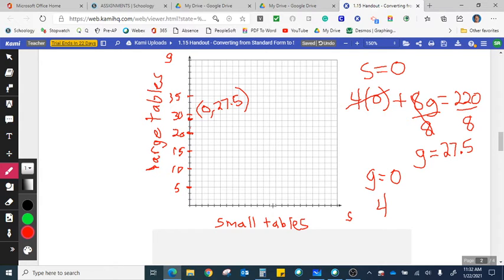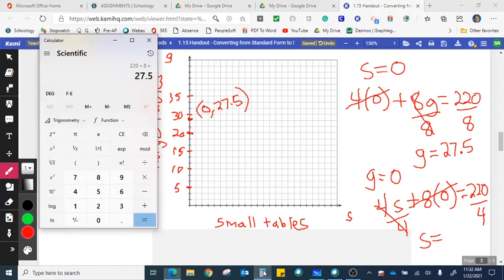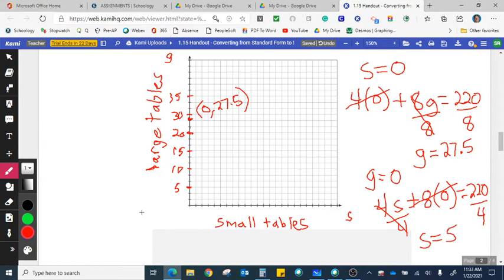So 4 times S plus 8 times 0 equals 220. Don't have to deal with that one, so we divide by 4. When we divide 220 by 4, let's check it out to make sure. 55, there you go. Same as the last one.